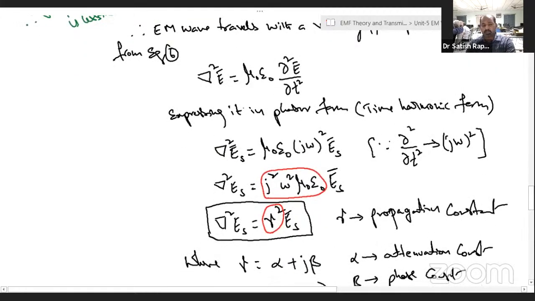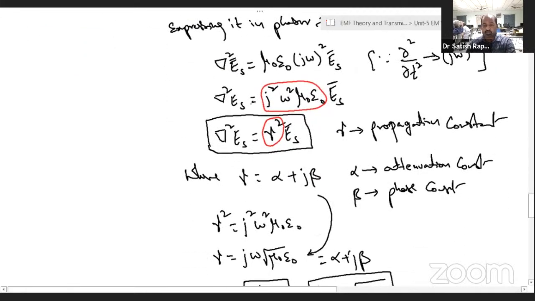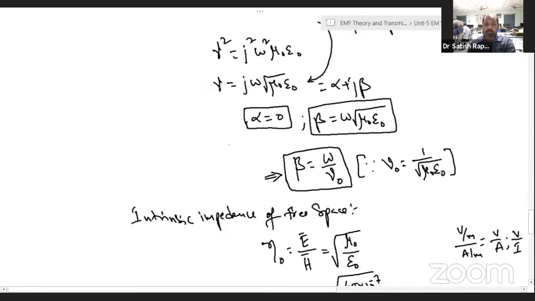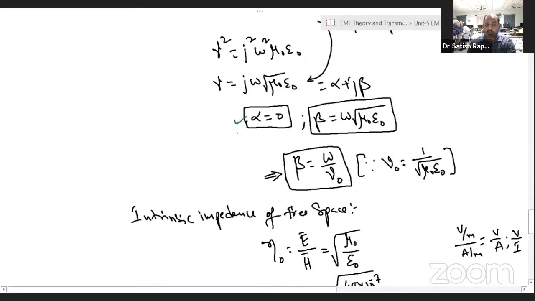And the rest of the things are the same. Here alpha is 0, and beta is equal to omega root mu epsilon. So this is beta, omega root mu epsilon.